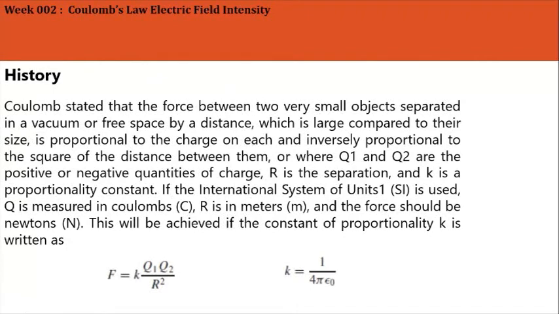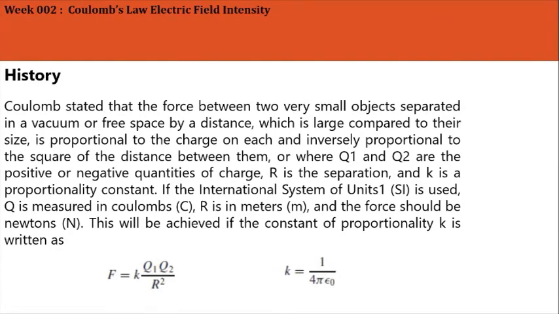Okay, we start with the history of Coulomb's law or definition. Coulomb stated that the force between two very small objects separated in a vacuum or free space by a distance which is large compared to their size is proportional to the charge on each and inversely proportional to the square of the distance between them.